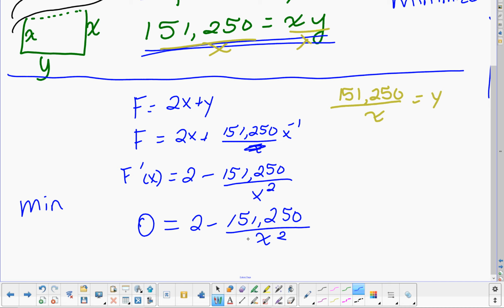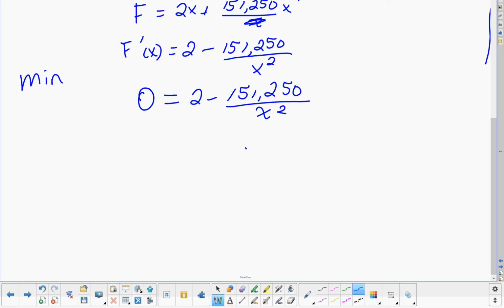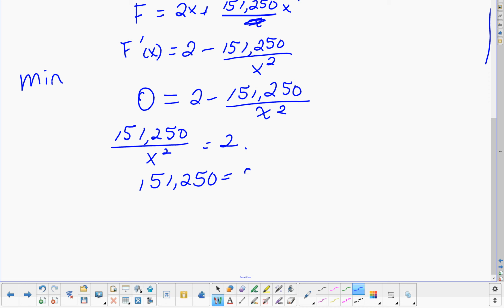Since this is negative, let's add that to our other side, and that's going to give me 151,250 over x squared equals 2. Multiply up by that x squared: 151,250 equals 2x squared. Divide by 2, and we will come up with x squared equals half of that.